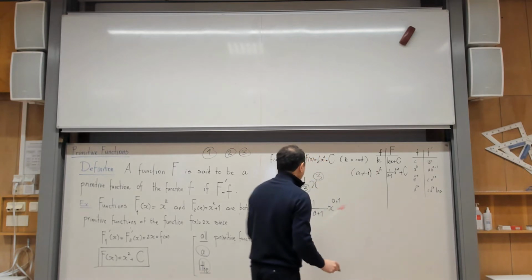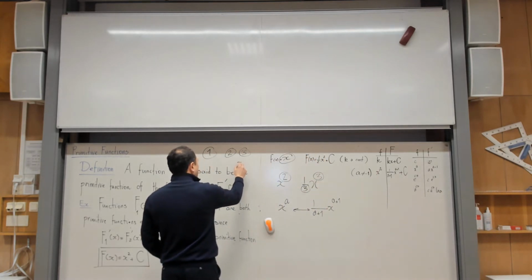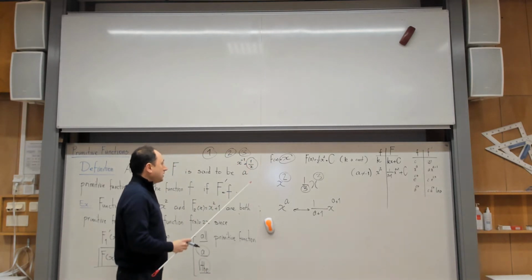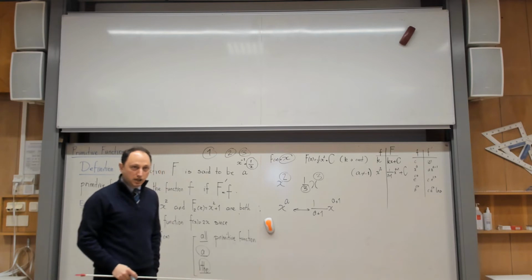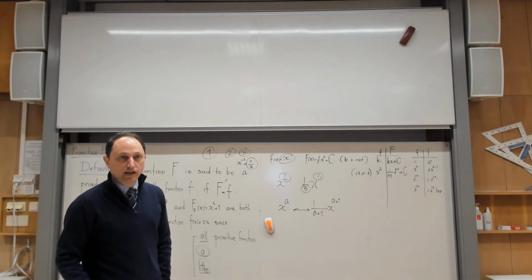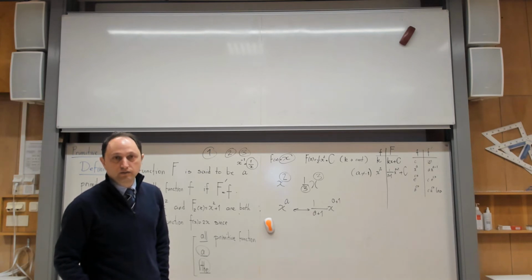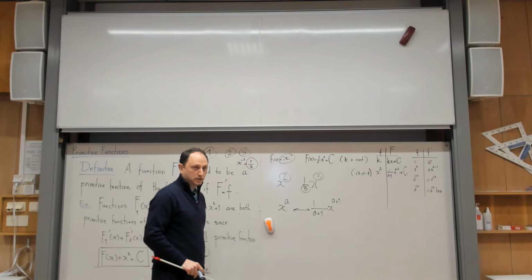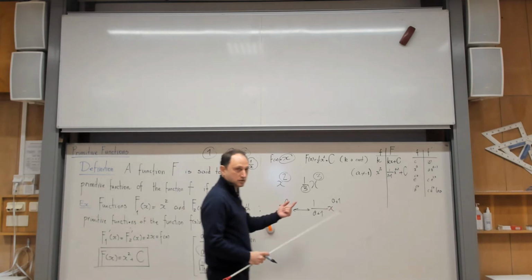You might ask, what happens if a is -1? If a is -1, I will have 1 over x. So my question is, what is the function whose derivative is 1 over x? Surprisingly, you will see next year that this is the natural logarithm of x. It's ln of x. So the derivative of ln of x turns out to be 1 over x. So it's completely different.